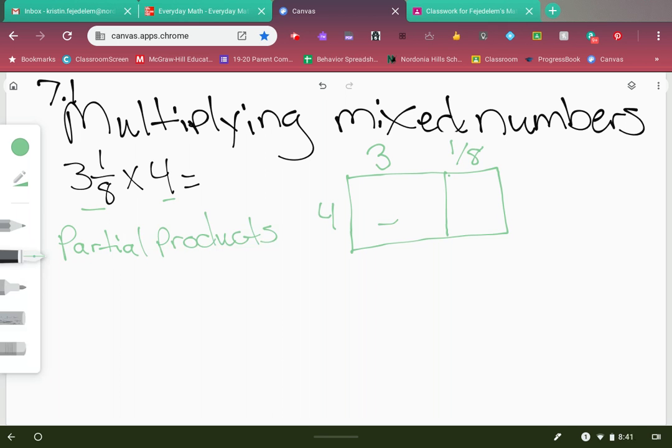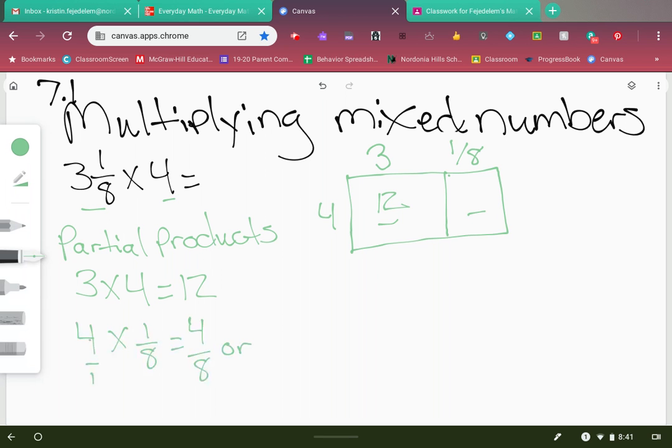So in our first box here, we have 3 times 4. Yep, that's 12. And then in our second box here, we have 4 times 1/8. Remember, put a 1 under your 4, under your whole number there. 4 times 1, 1 times 8.